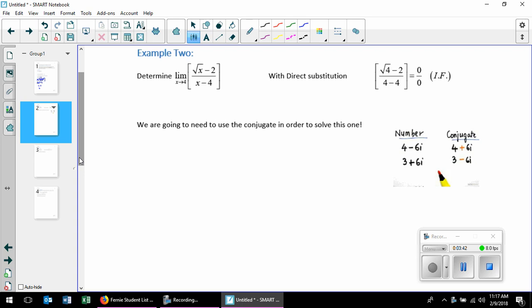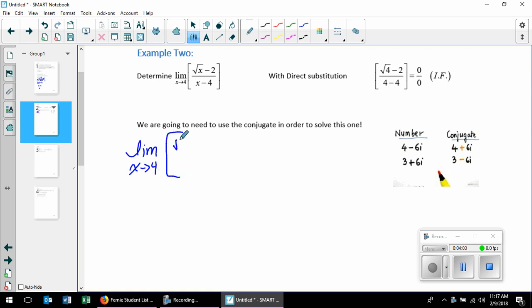So I'm going to multiply by the conjugate. And we remember the conjugate being the same terms, we just change the sign. The different square partner, maybe. Okay. So again, we always have to put in the limit as x approaches 4.